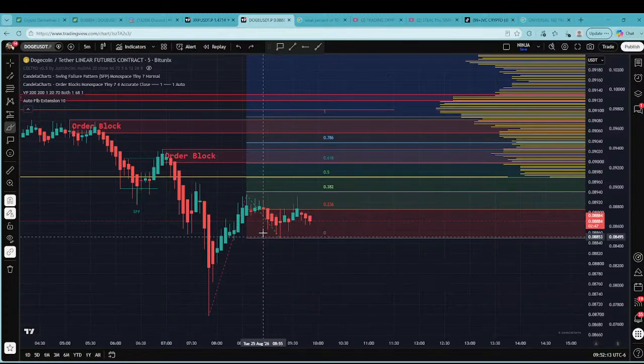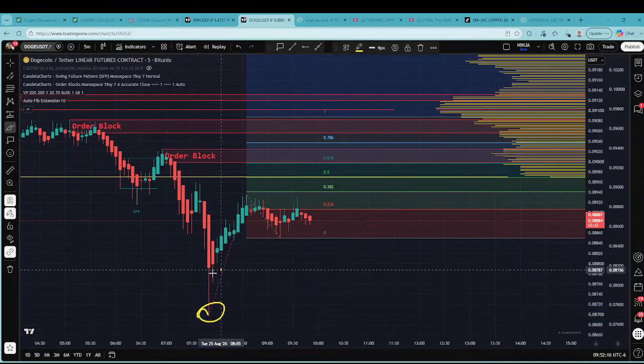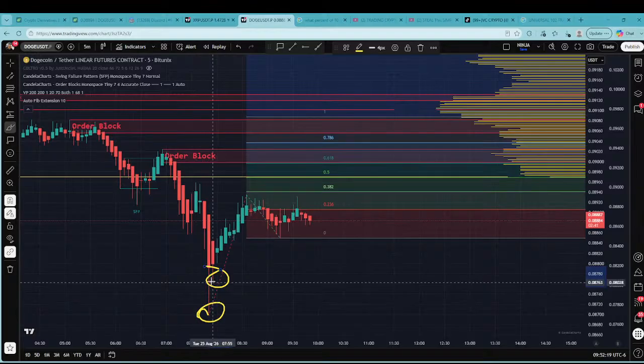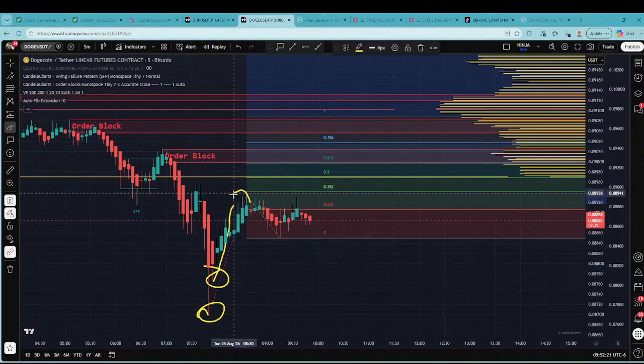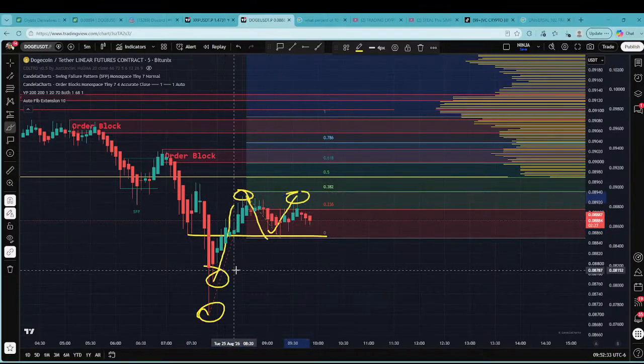But on the other side, you can see that once it came down to these two little points here and pushed up, it created this high. When it came back down, it found support, and then it pushed up and there's not a lot of volume here.